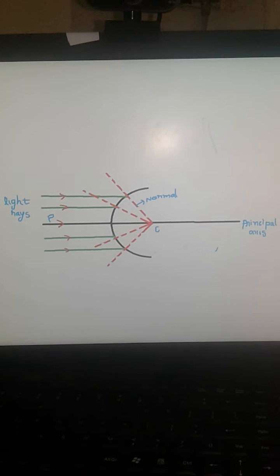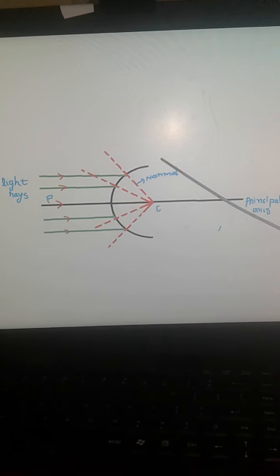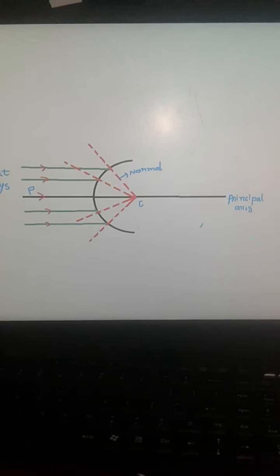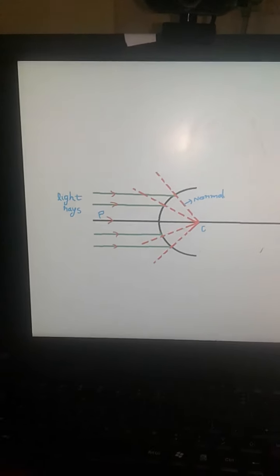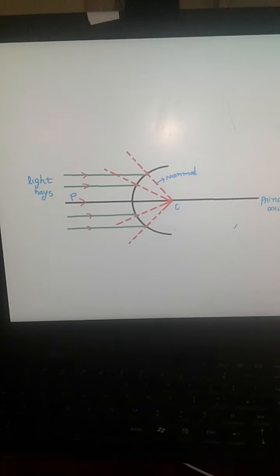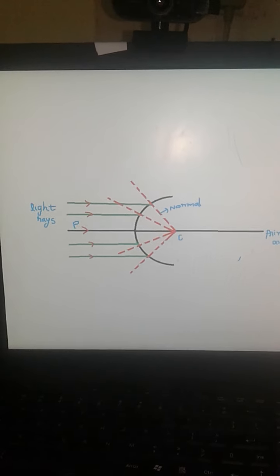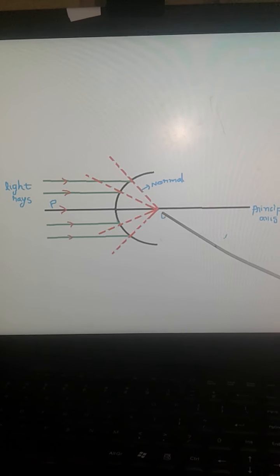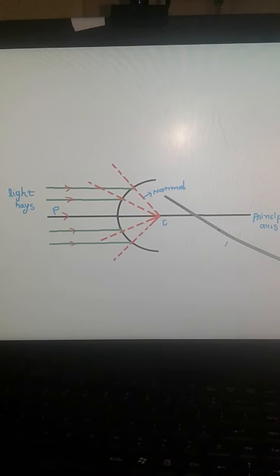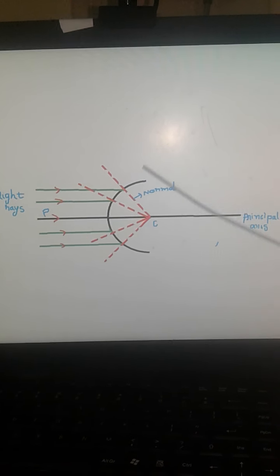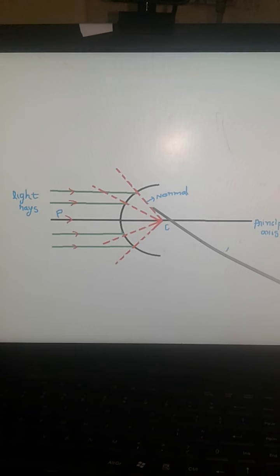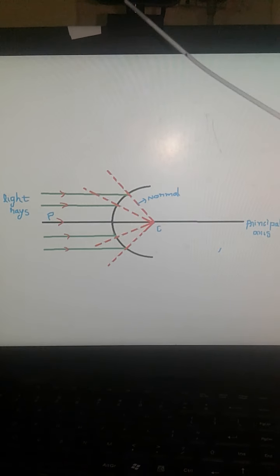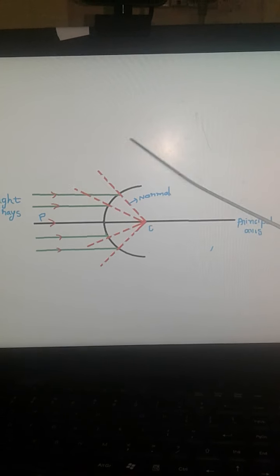Here we are considering a curved surface, which means it is a circle if we consider the two-dimensional figure. Why does it become normal? Any line that passes through the center of curvature is nothing but the radius or the diameter of the circle. When the radius meets the circumference of the circle, it is always perpendicular to the tangent at that point.